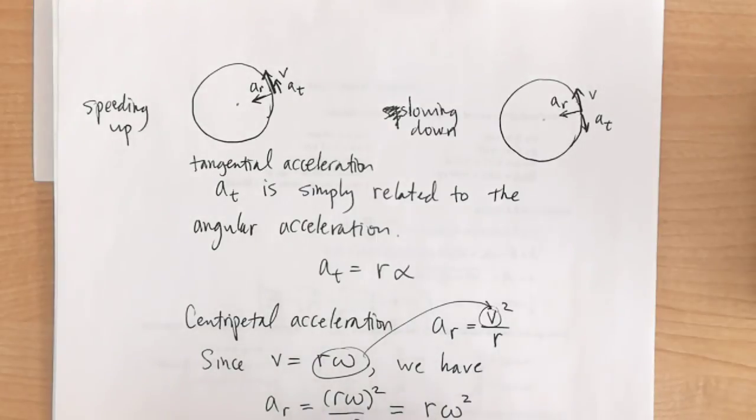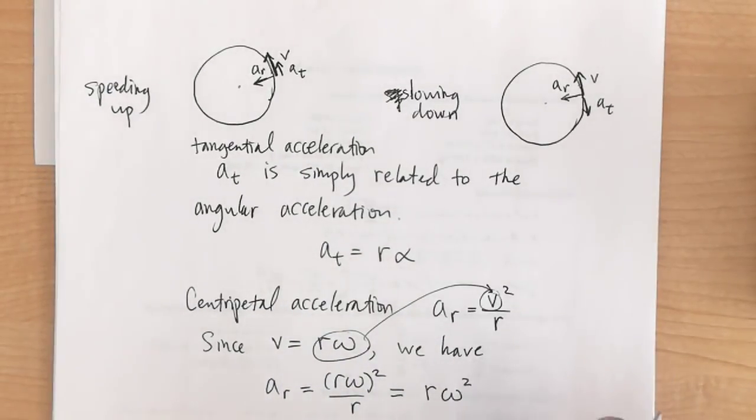So that's the formula for the centripetal acceleration in terms of the radius and the angular velocity.